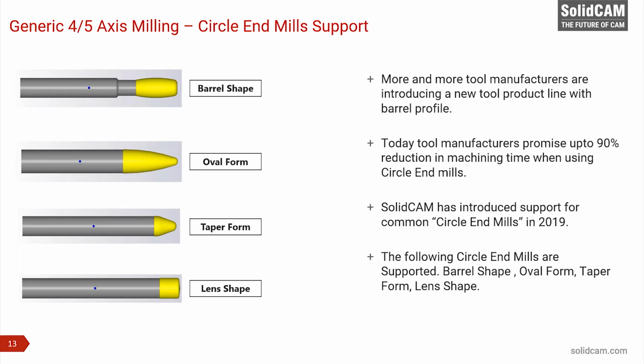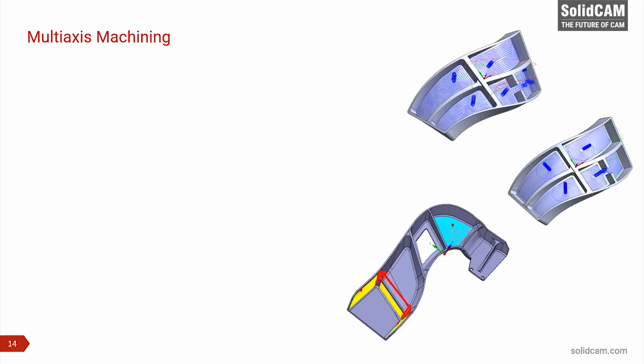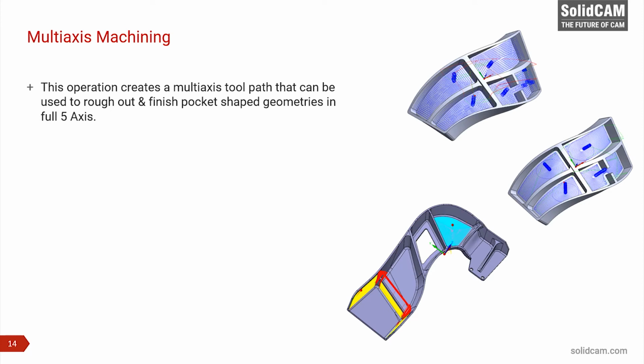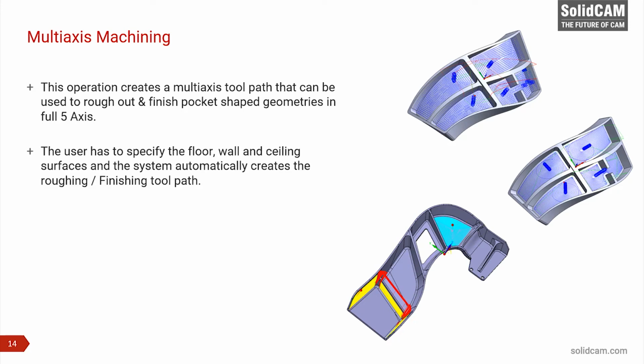Now, when I said that we support it in automatic, we actually meant in multi-axis machining. Multi-axis machining basically creates a multi-axis toolpath that can be used to rough out and finish pocket shape geometries in full 5x. The user has to specify the floor, wall, and the ceiling, and the system automatically creates either roughing or finishing depending on what you have selected.